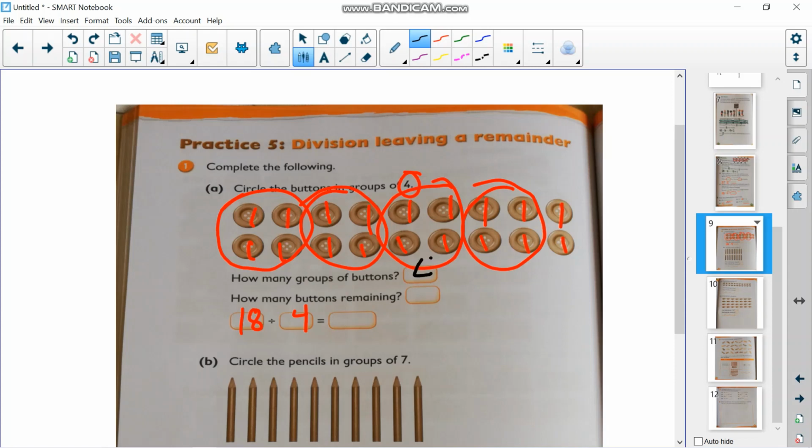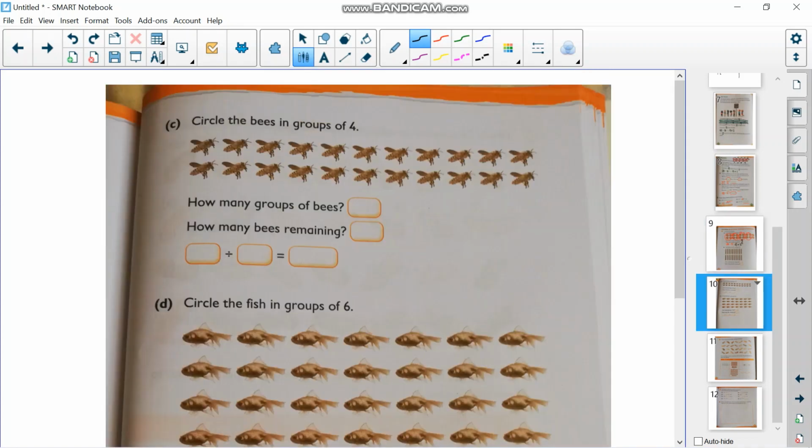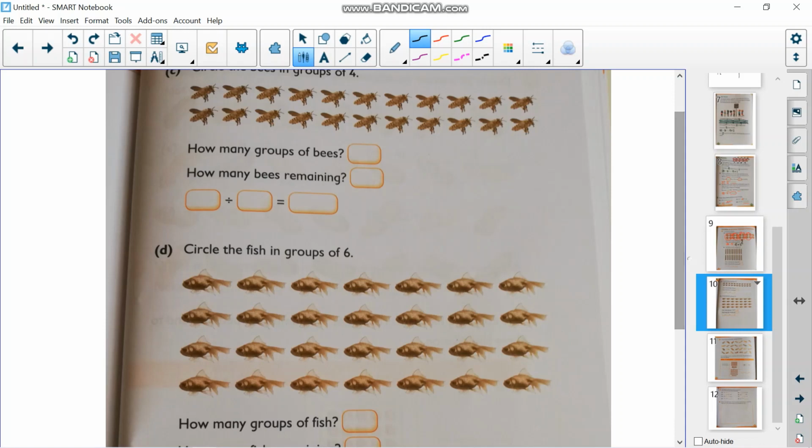So we have 4. And how many buttons remaining? We have 2. So 18 divided by 4 is equal to 4, remainder 2. So please do the same with letter B, letter C, and letter D.